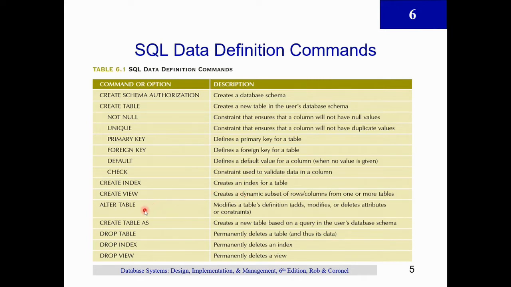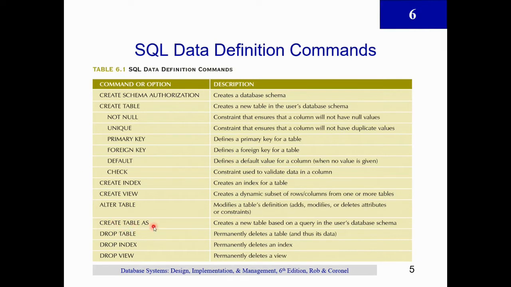And then kita juga dah pernah buat alter table. Okay, alter table ni you nak modify the table lah. Sama ada you nak add, modify, edit ataupun delete. So kita guna command alter table. And then create table as. Create a new table based on a query in the user's database schema. Okay, create table as ni berbeza dengan create table adalah create table as ni kita boleh copy ataupun duplicate kolom-kolom yang digunakan dalam database yang sedia ada.